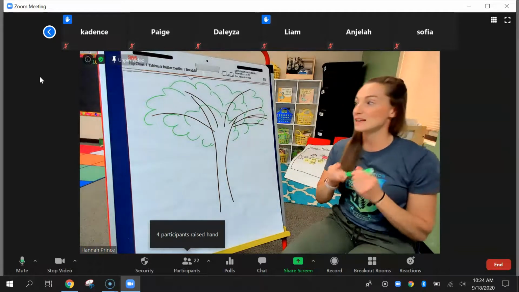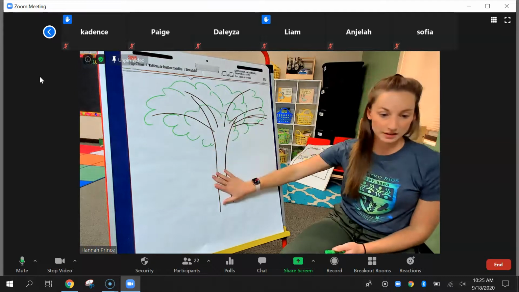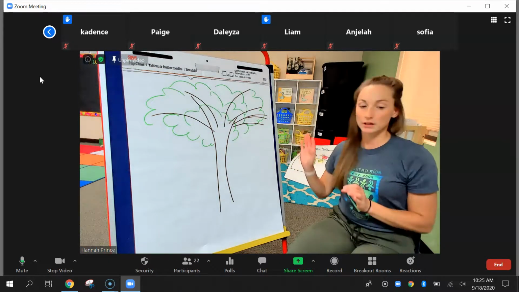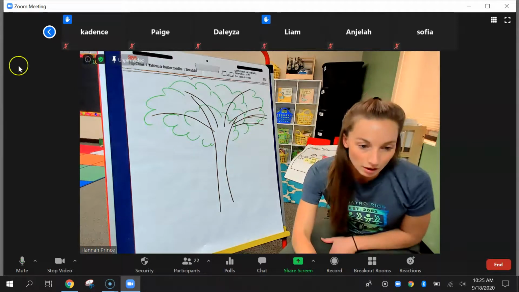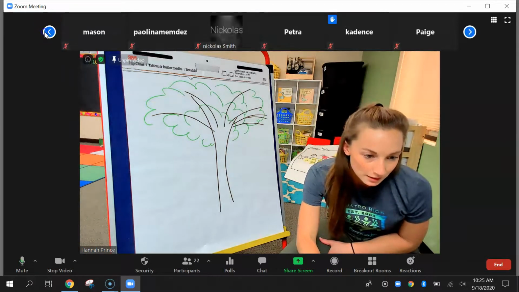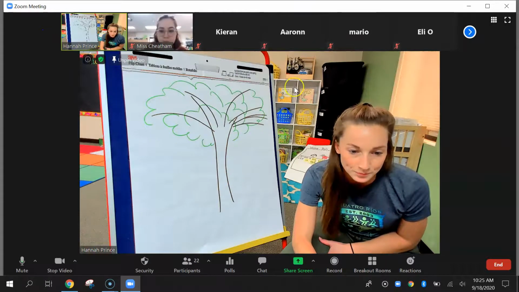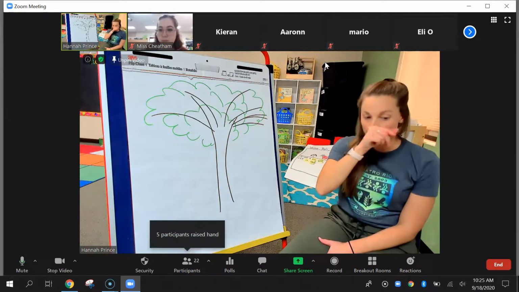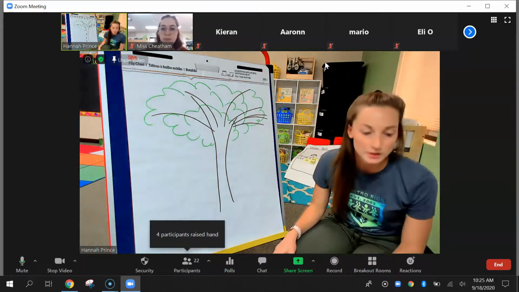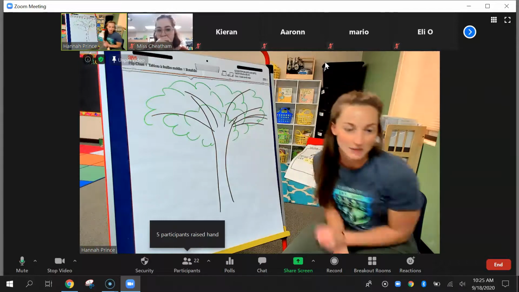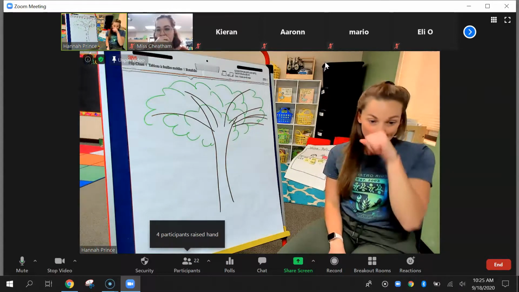Okay, I'm leaving it blank, not colored in, for a reason. So, I am looking through all of the people in the meeting, and I'm seeing who hasn't had a chance to share yet. And I want you guys to help me come up with ideas of how we use trees. And as we write these answers in, I'm going to be writing them in the tree, okay?